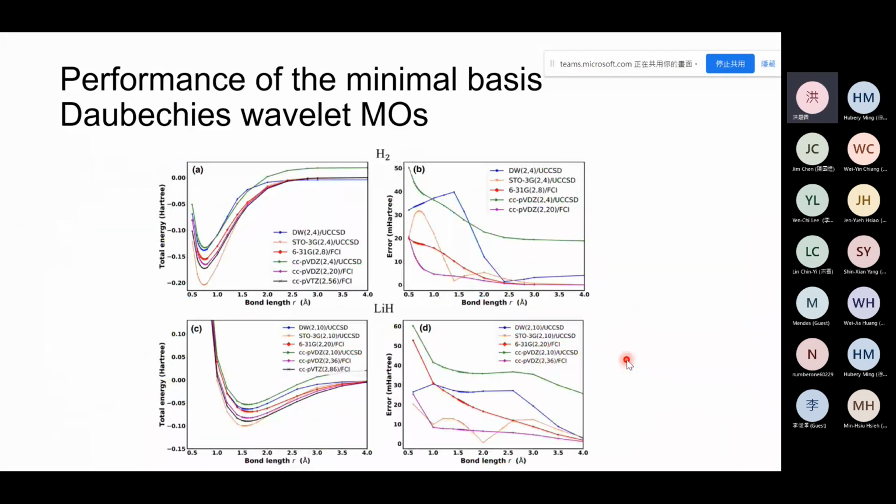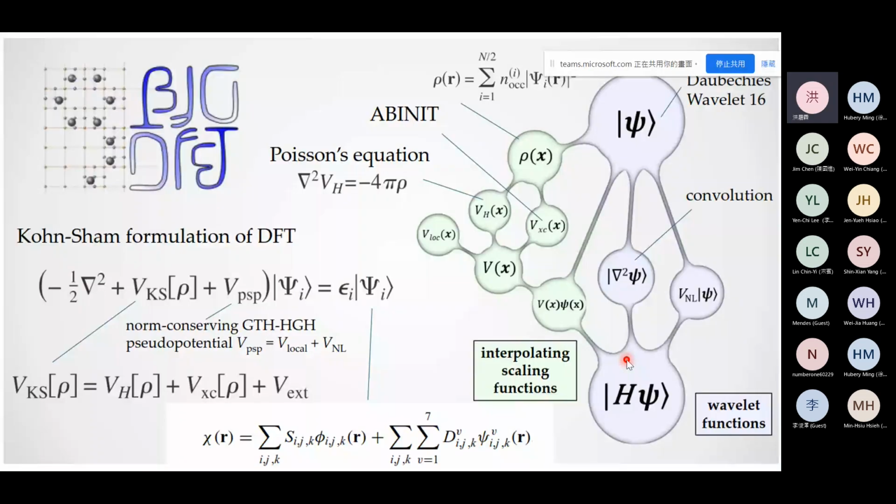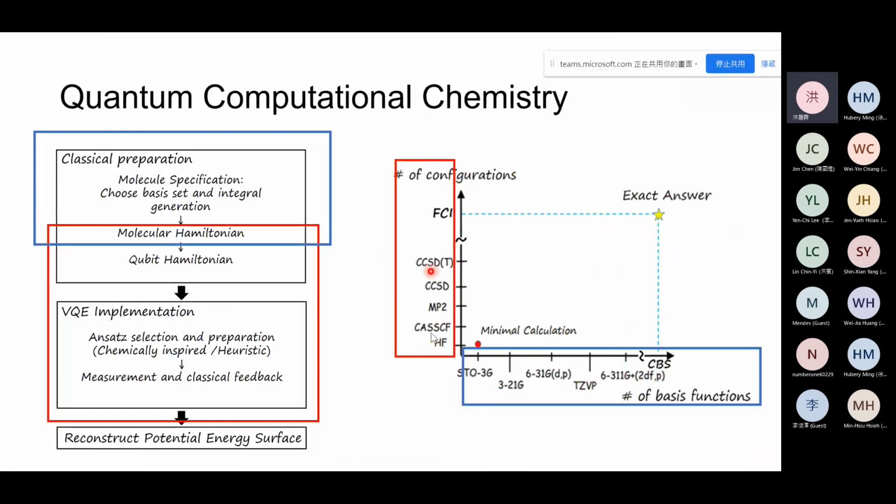Maybe let's restate. The coupled cluster method follows from the y direction. The wavelet provides the x direction. We provide a good starting point under the same basis function.